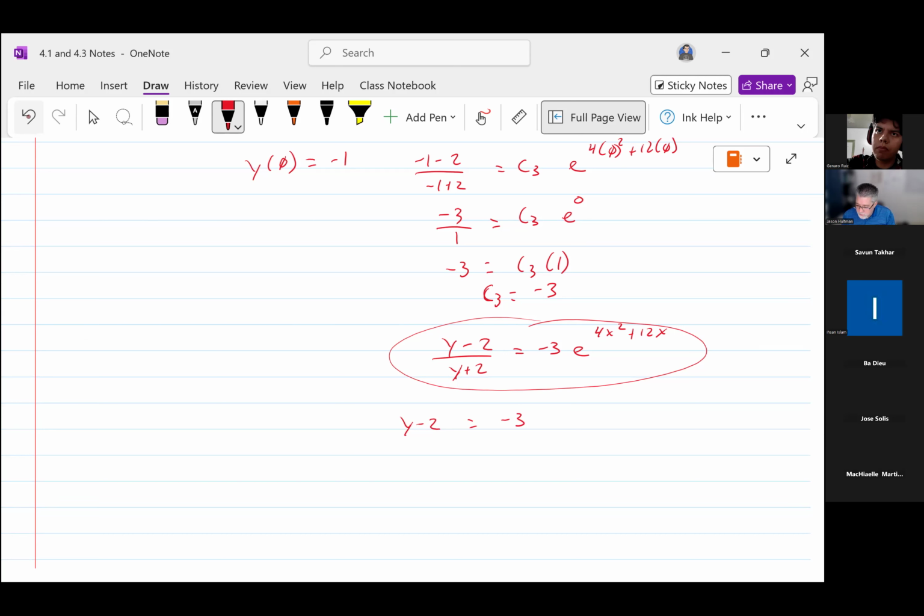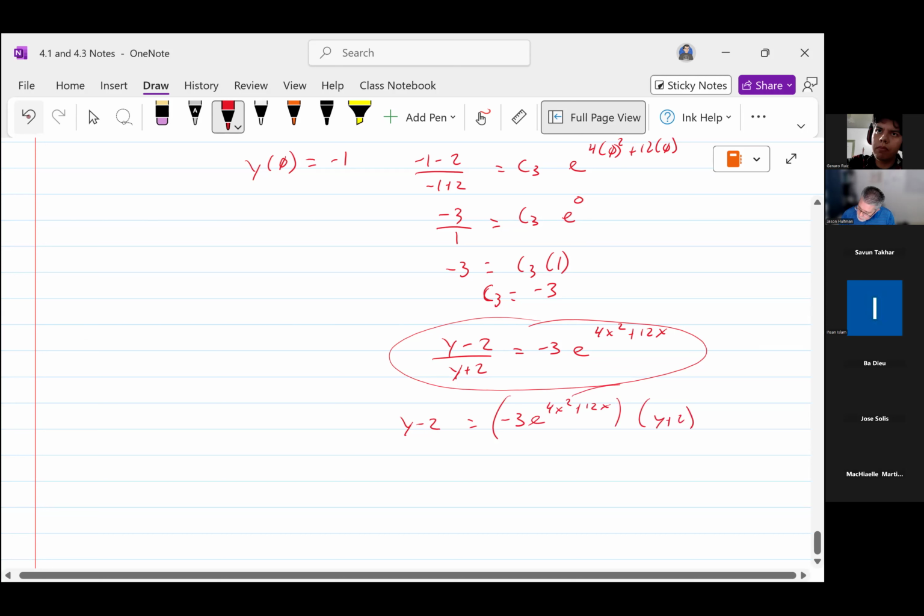This form is fine, but if it messes with your mojo that it's not isolated for y, we can algebraically manipulate this. It just gets a little bit messier in that we're going to multiply by y plus 2, then distribute and collect like terms.